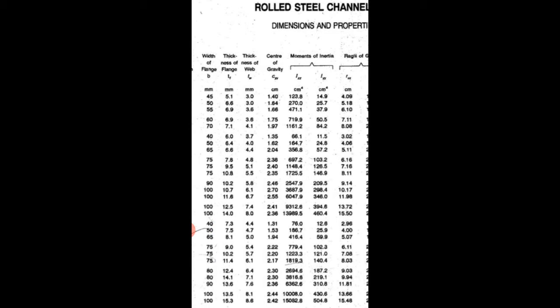Then the next value is the center of gravity for ISLC 350, denoted by CYY and expressed in centimeter. The value of CYY is 2.41 centimeter. Multiply by 10, so CYY is equal to 24.1 mm.